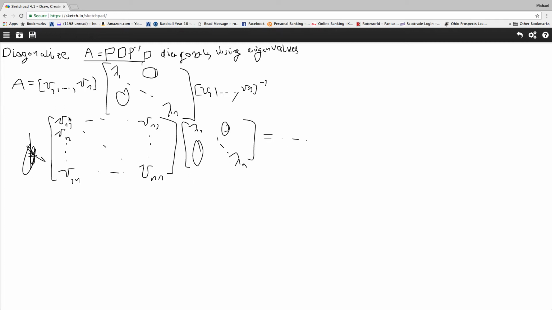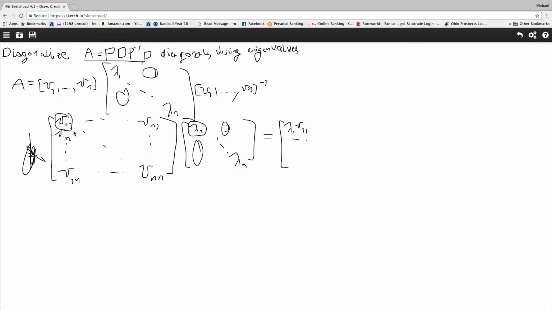Okay. So now, what is this going to be equal to? Well, it's going to be this one times this one in the first column. So we're going to have lambda 1 V1,1. Now let's go down a row in the multiplication.